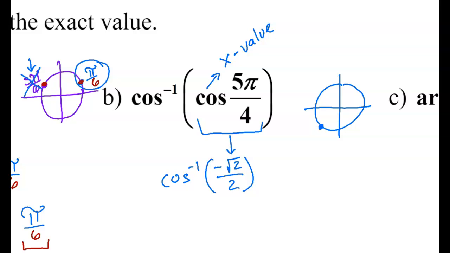However, is this in our restricted domain? No. So we have to keep looking. Where else do I have negative square root 2 over 2 as the x? 3 pi over 4. Is this in our restricted domain for cosine? Yes, this is my answer. This is what I would input.